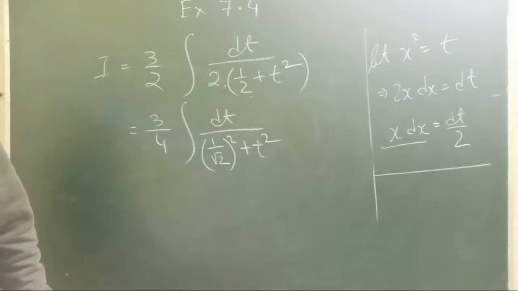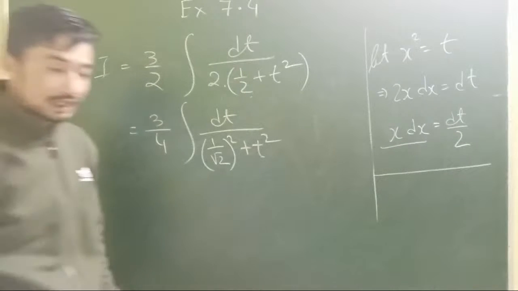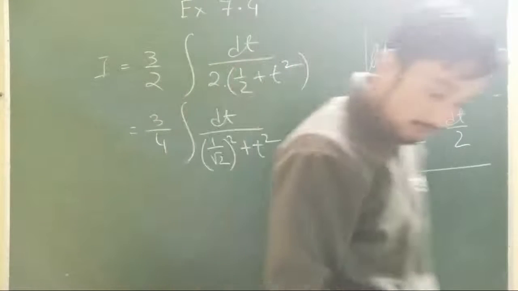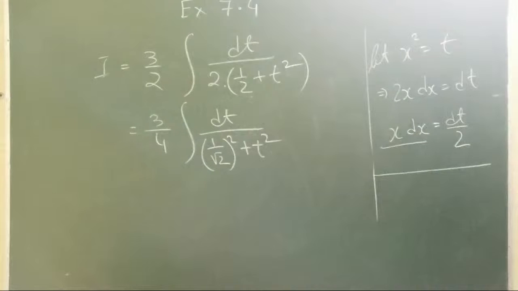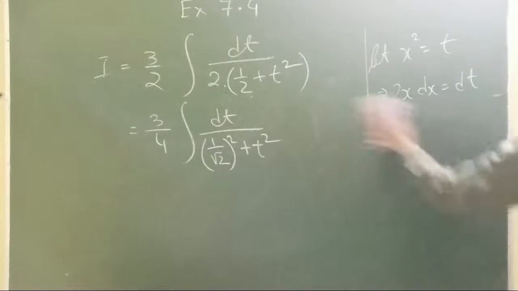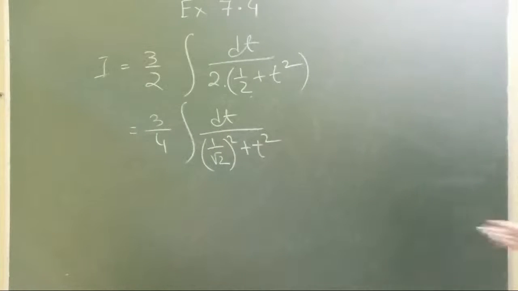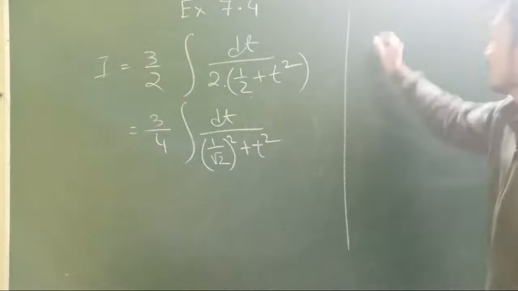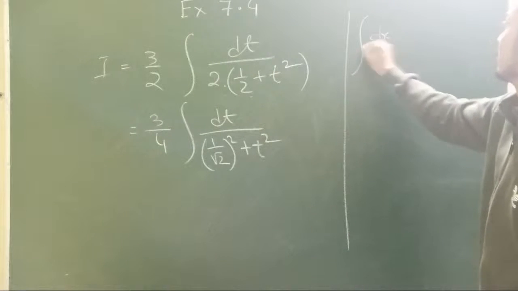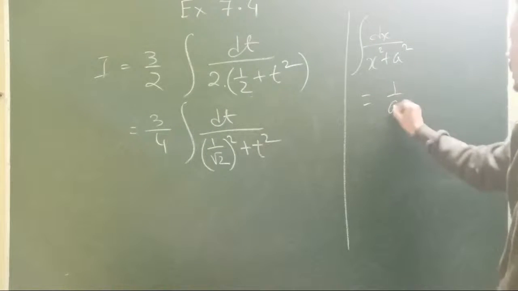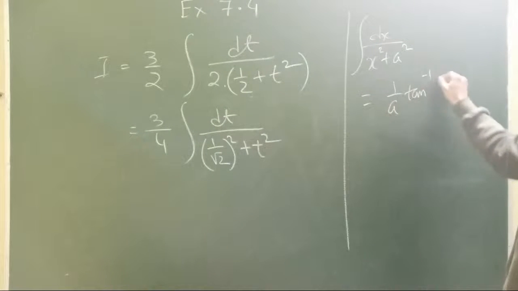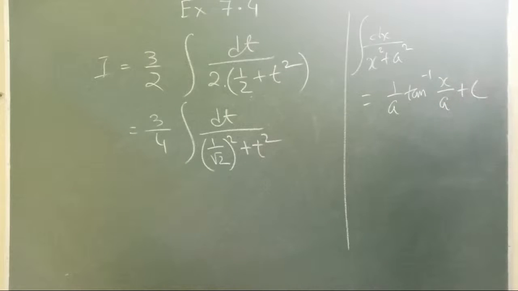So what was the formula for this? 1 by x square plus a square formula. We'll use that. This is done, I guess, so I'll rub this off now. Those who are watching later, of course, you can just pause and write it down. So what was the formula? Integral of dx by x square plus a square. The formula was 1 by a tan inverse x by a plus c.